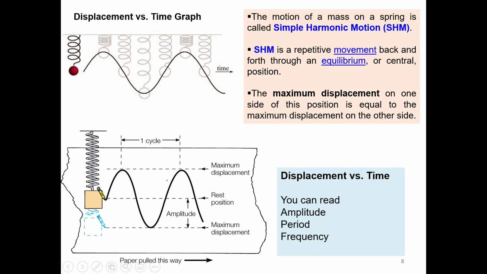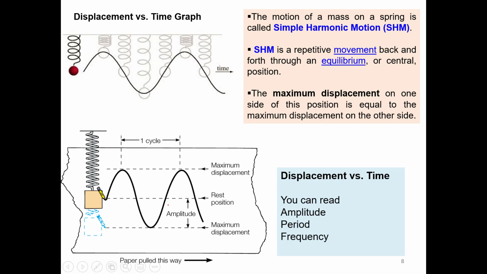Coming from this point to this point is one complete cycle. Yes, in this position, and then returning to the original position is one complete cycle. Also it can be from this point to this point. Then we can measure one complete cycle. But it's easier just from this point to see we have one complete cycle.